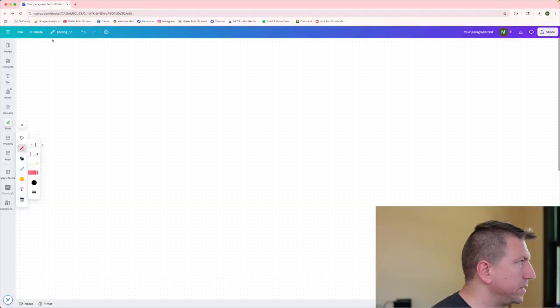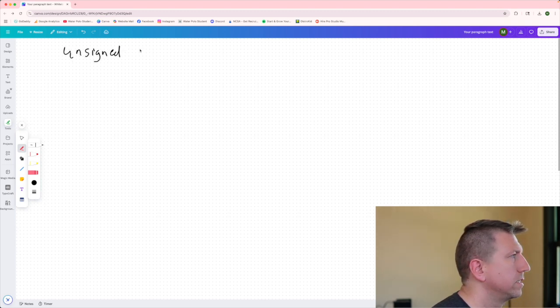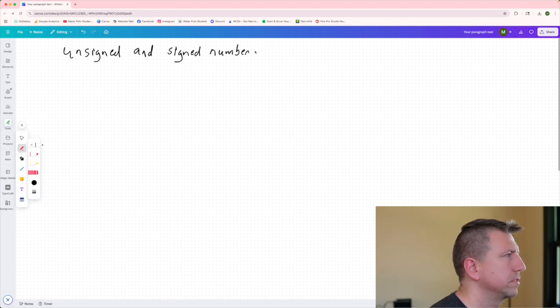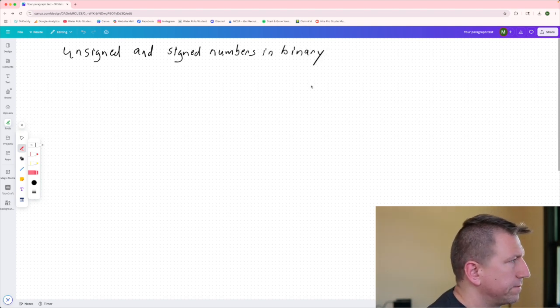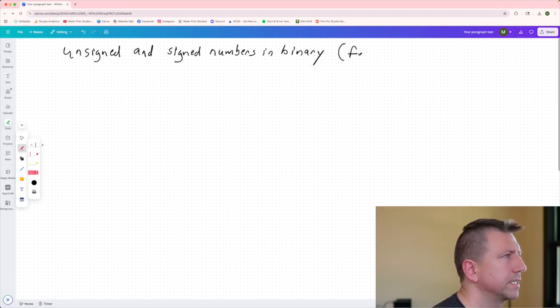So this is going to be looking at unsigned and signed numbers in binary. The first thing that we're going to constrain ourselves to is that they will be fixed length.